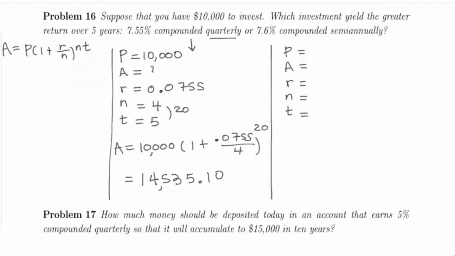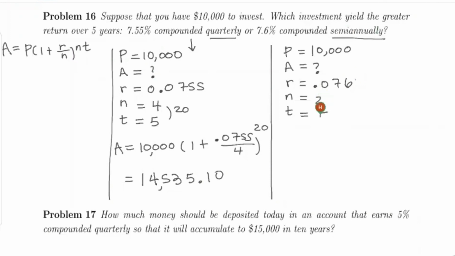P is 10,000, A is the unknown, R is 0.076, N is 2, T is 5.